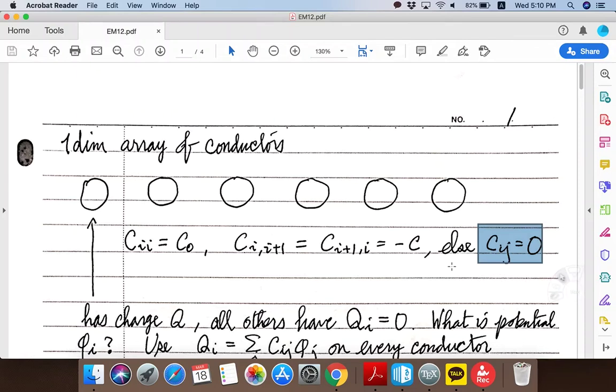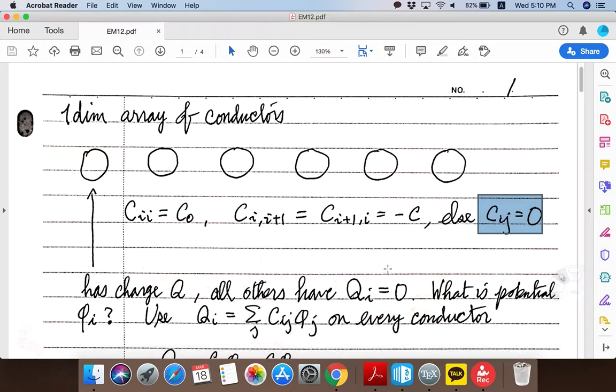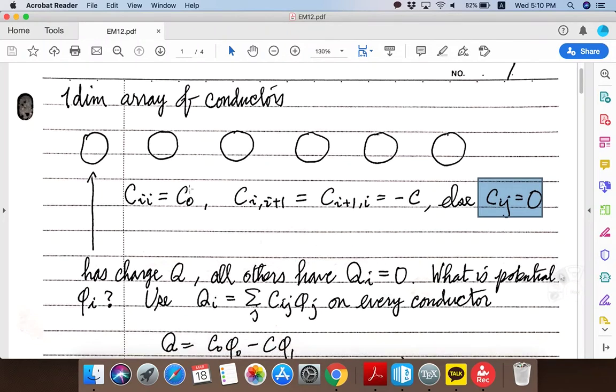And okay, so now we're going to assume the situation where only this one at the far left has the charge Q, and all the other conductors have the net charge equal to zero. So in this way, we have specified the charges on every conductor.